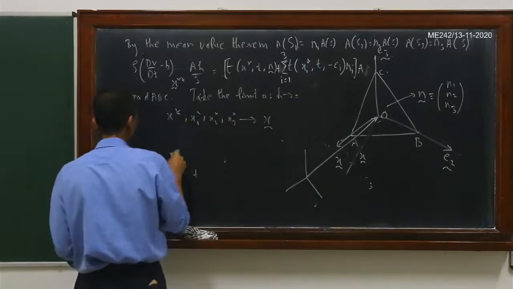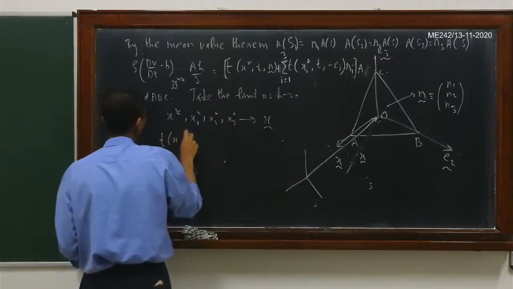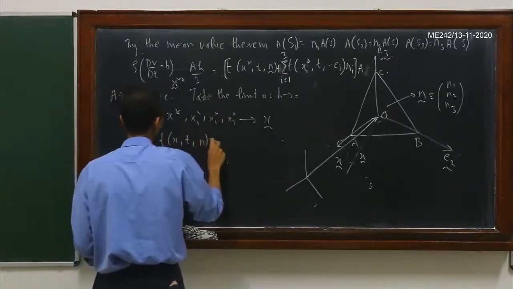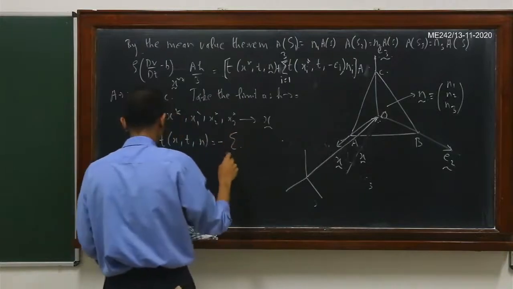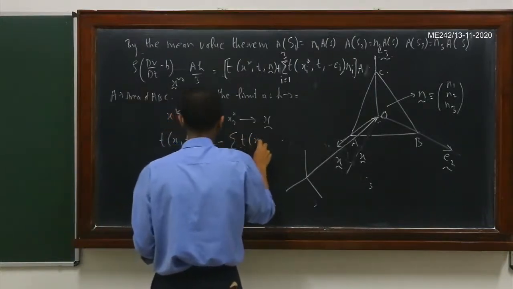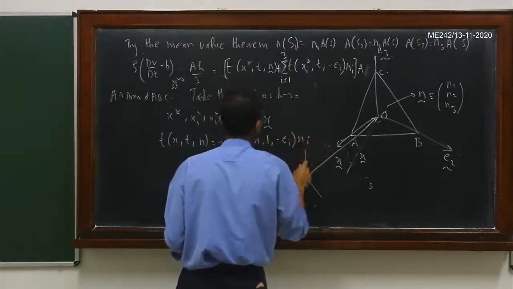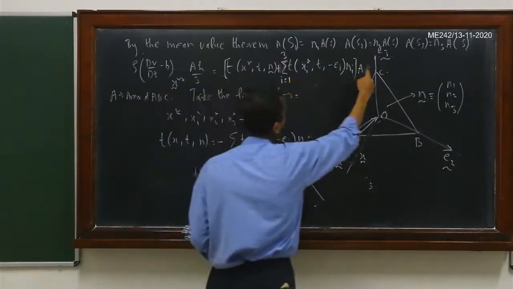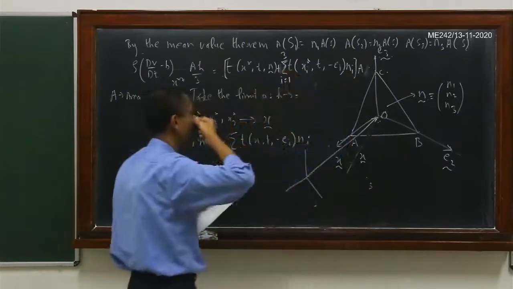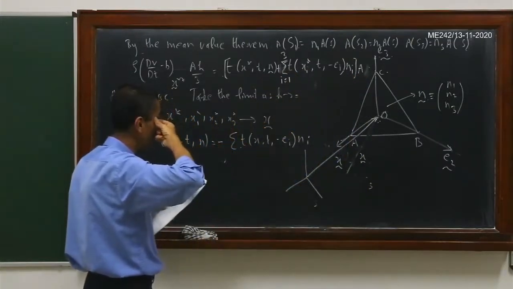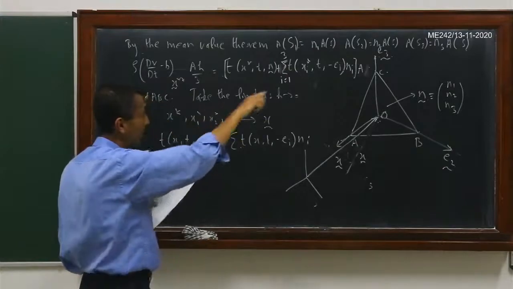So we will get that t of x, t n is equal to minus summation of t of x, t minus ei, ni, because the a just gets cancelled. The a does not play any role because that is just outside of the whole bracket there.